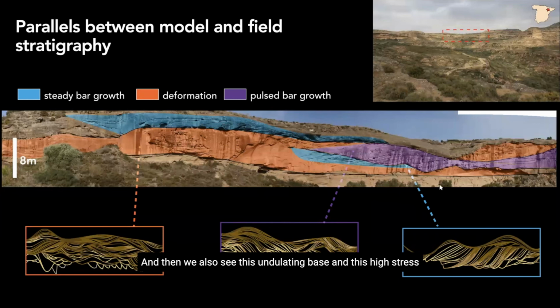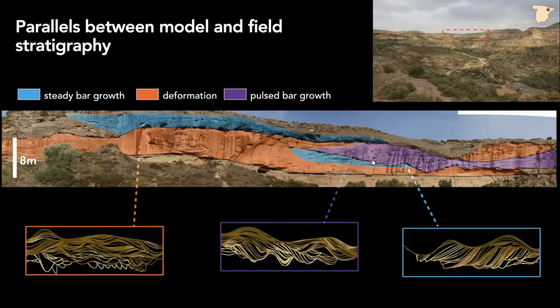And then we also see this undulating base and this high shear stress facies rich section here that's colored in purple that might suggest something more similar to that pulse bar growth end member, where we have a channel that sporadically changes its position and widens, incising into the floodplain or whatever strata is underneath it.